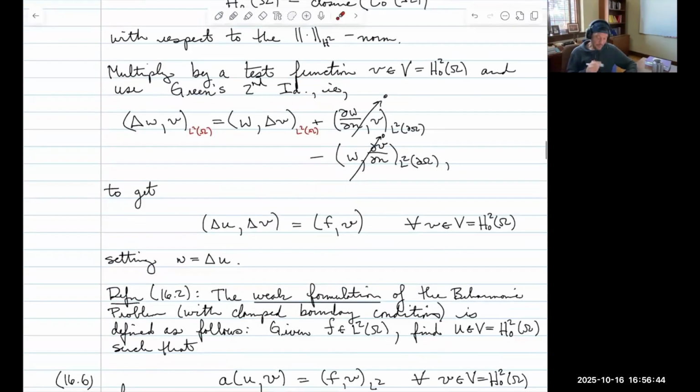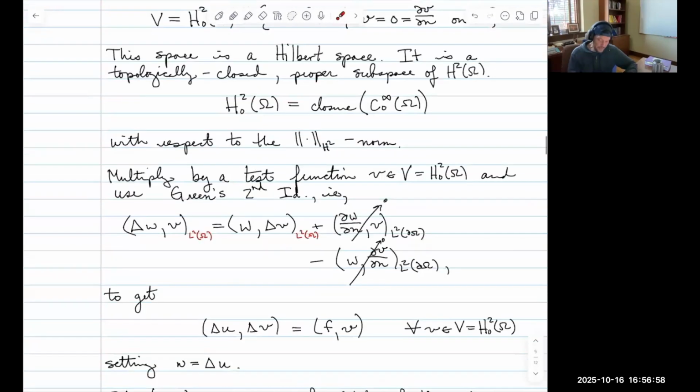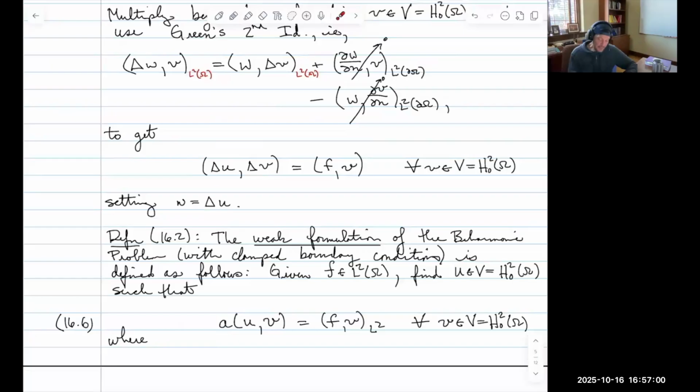So in other words, when we multiply by that test function and use Green's second identity, we get down to this weak form. If u really does solve this problem up here, then it's pretty easy to see that the Laplacian of u integrated against the Laplacian of v, again this is the L2 inner product, is equal to f of v for all v in that test function space.